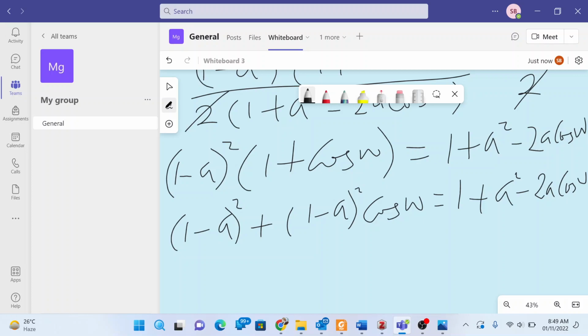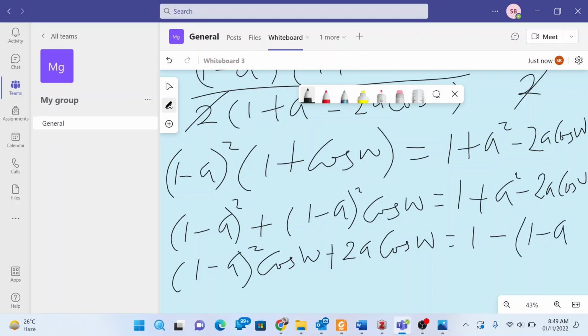So this is going to be 1 minus a, all squared, cos omega plus 2a cos omega. So we have 1. If this one goes to the other side, you have 1 minus a squared, plus a squared is also here.